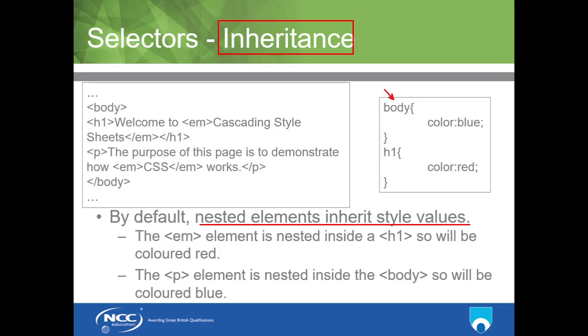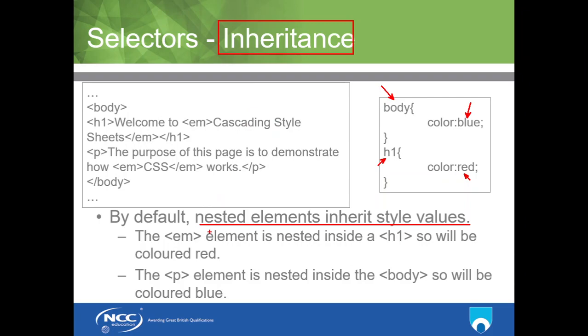When we say that the body should have a color of blue, any tag that comes inside the body, any other element that comes inside the body is going to have a color of blue unless it has been specified otherwise. Unless, for example, we say H1, we want it to be red. So even though H1 is inside the body, it's going now to be colored red. So that is what we call inheritance.